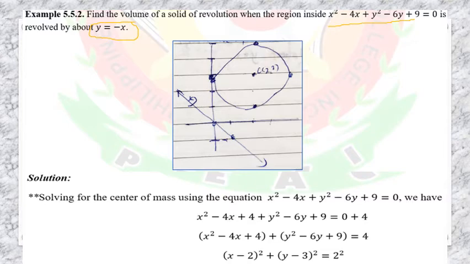Para malaman natin yung center nito, kailangan natin tong i-transform into this equation. Diba ganun man yung paghanap ng center of a circle? Ang center ng circle class is the (h, k). Okay, ito is na-discuss sa analytic geometry 1 ninyo.